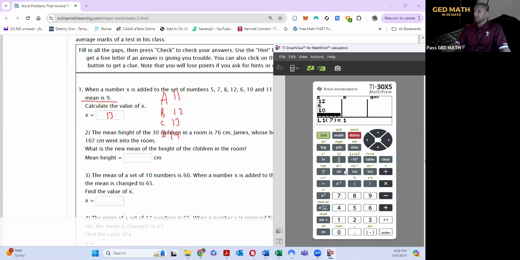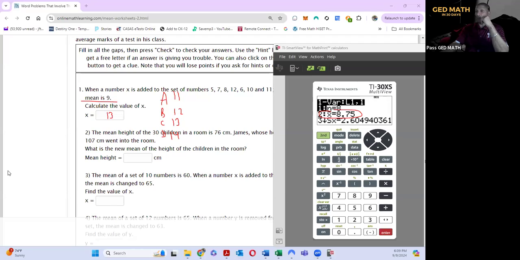My multiple choice got 4 different numbers. So first I'm going to put 11 in. I'm going to go to second, data. We got one variable, and we're going to calculate. And let's see if our average is 9. So when we look at our average, which is the X bar, which is here, it says 8.75. So I know it's not 11.